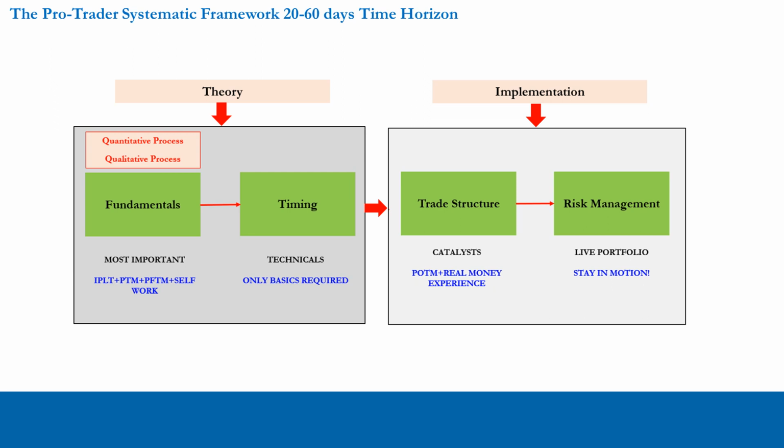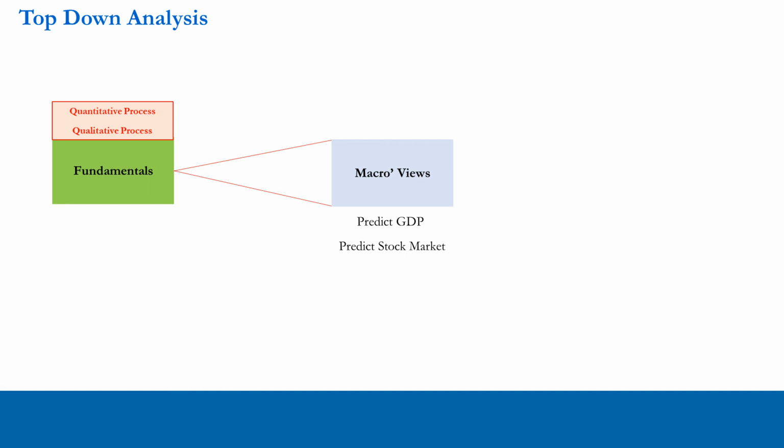split up into the theory and the implementation of a trade idea and running a portfolio. And on the left-hand side, within theory, so our research, when we're researching trade ideas, we are split up into fundamentals and timing. And in the majority, we are fundamental, which is split up into quantitative and qualitative processes. So from a top-down perspective, what we're doing is we're looking at the quantitative process through the lens of macro and the top-down analysis.